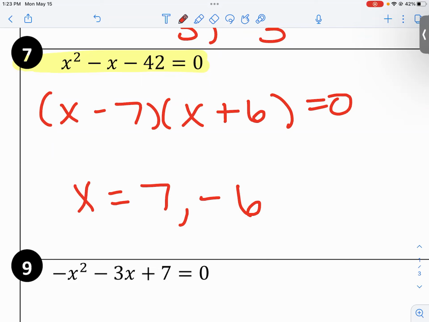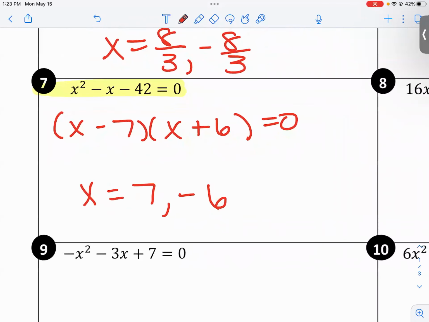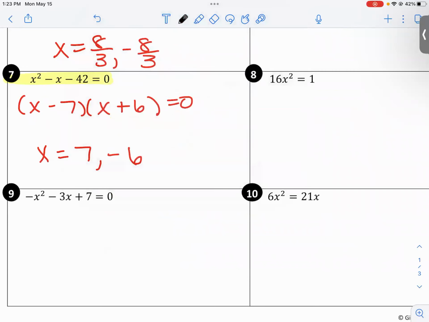How would you do it with the weird formula? Okay, are you asking how we would do this with the quadratic formula? So x equals negative b plus or minus the square root of b squared minus 4ac all over 2a.